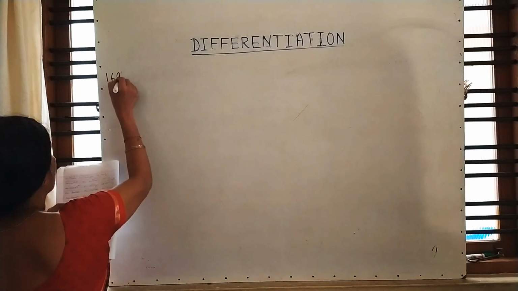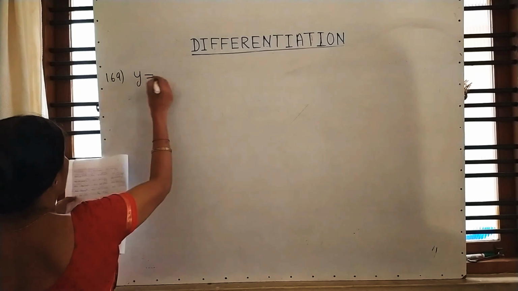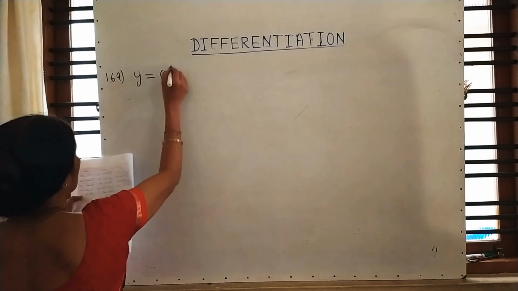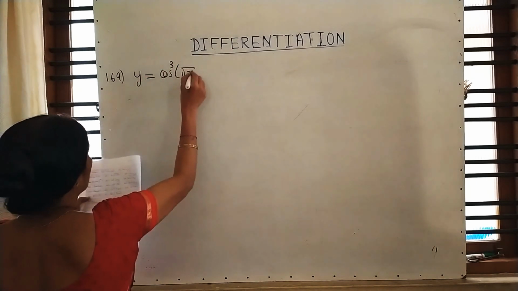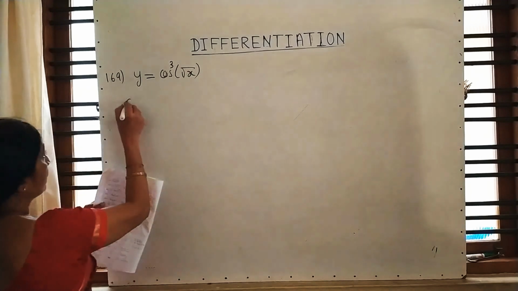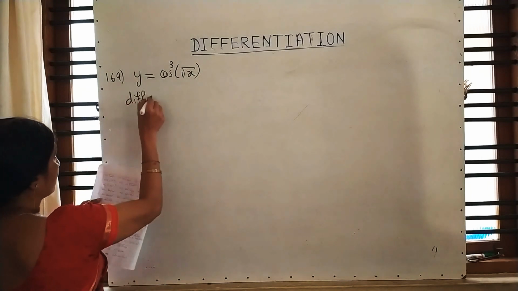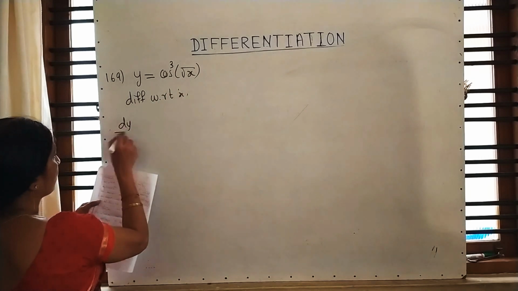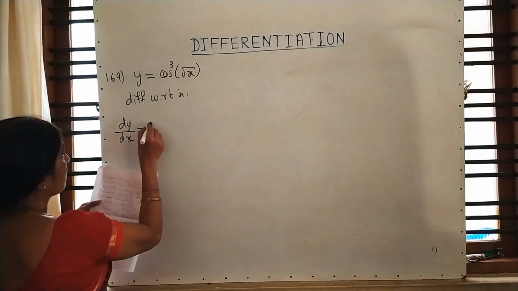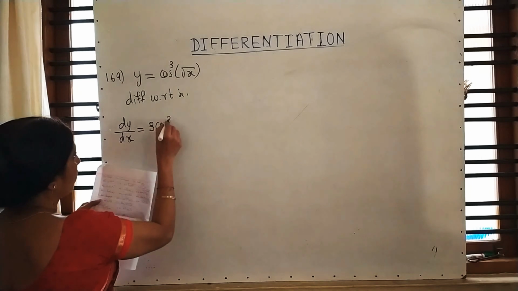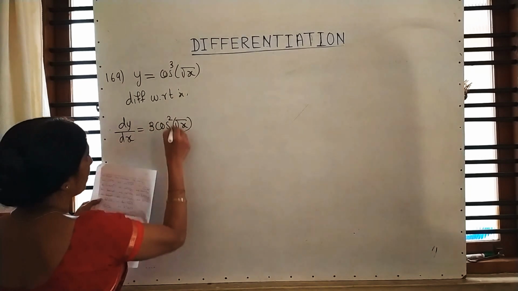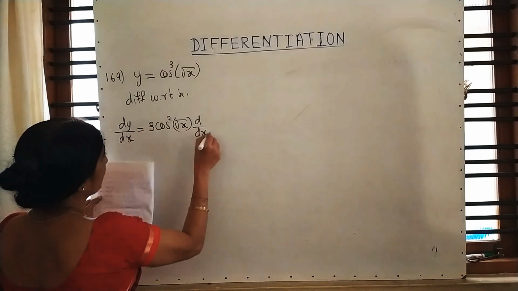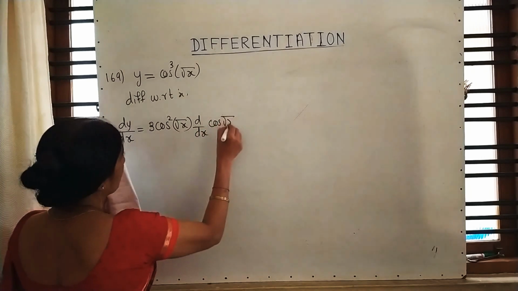Question number 169. Y is equal to cos cube root x. First power. Three cos square root x. After power, trigonometric term. Cos root x.